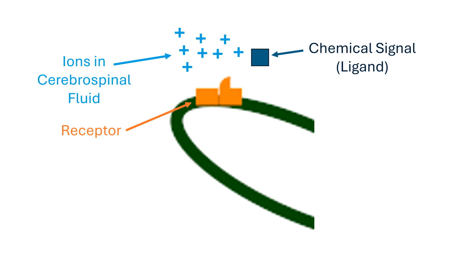Now, what happens is when that chemical signal touches and binds to the receptor, it causes that whole protein to change its shape.